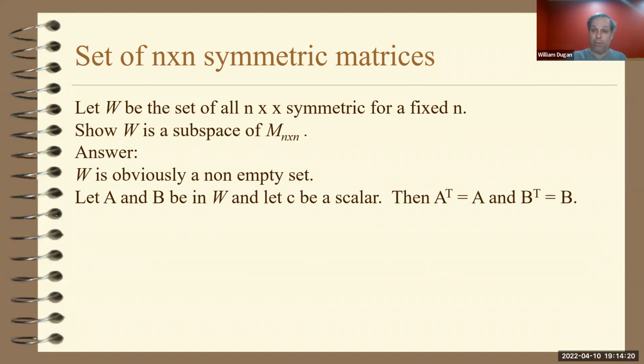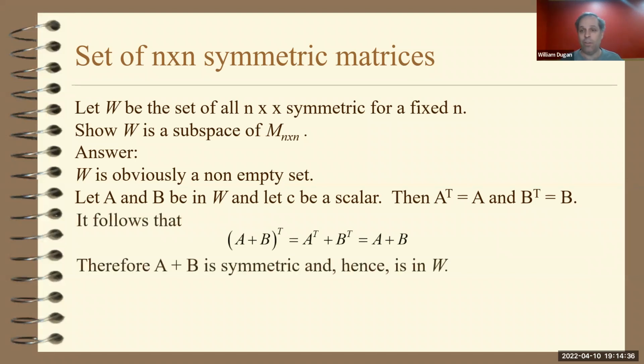If you take 2 matrices that are in that set and let c be any scalar, then instantly we know that A and B have to be symmetric because that's the definition to be in W. So A transpose is equal to A and B transpose is equal to B. But then that means automatically that if you take the 2 matrices and add them and then take the transpose, one of the properties of transpose is that transpose distributes through matrix addition.